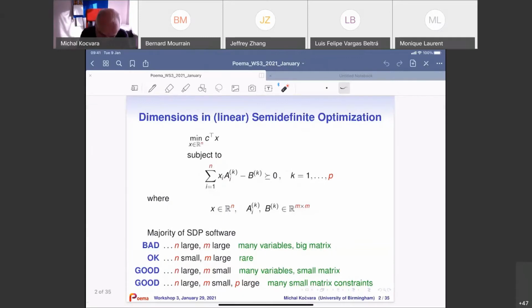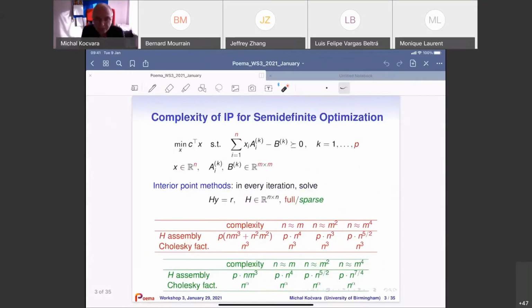Why is that? If we have a look at the complexity of one iteration of the interior point method, the bottleneck is the solution of a linear system with a matrix H, which is either full or sparse, depending on the application.